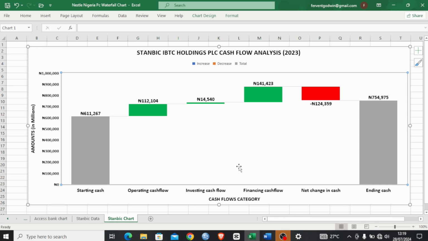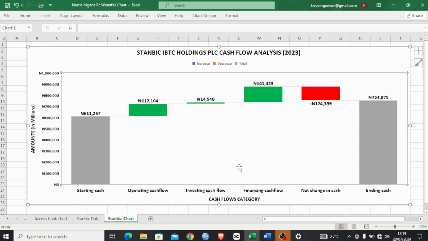So let's take a look at what the cash flow of Stanbic IBTC Bank has said in 2023. Like I mentioned before, they began with a starting cash of 611.2 billion naira, which is also the ending cash of the previous year.